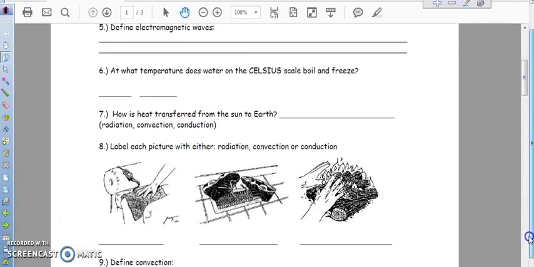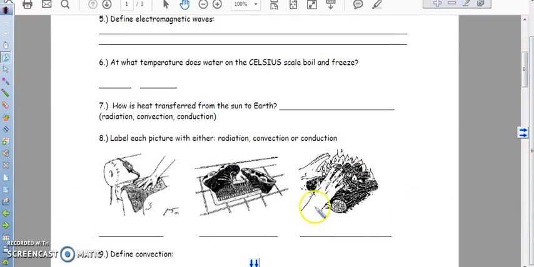Okay, define electromagnetic waves. Well, all electromagnetic waves is just energy going through space. So a form of energy that can travel through space.